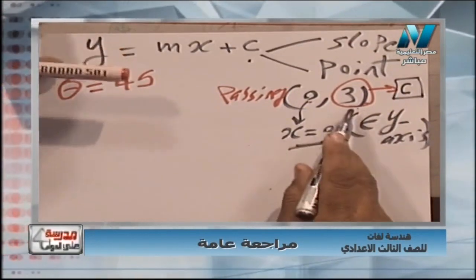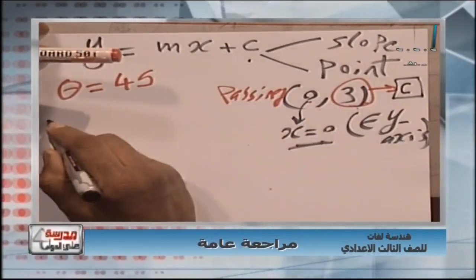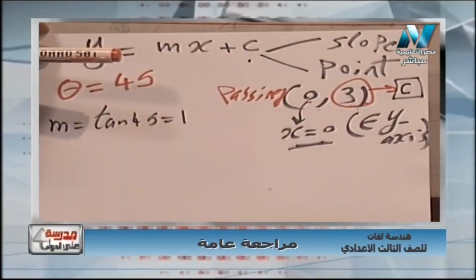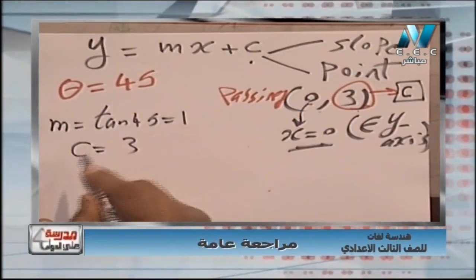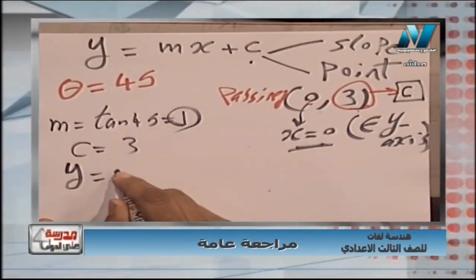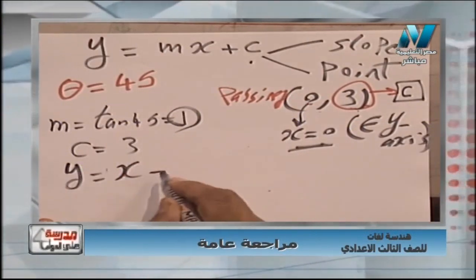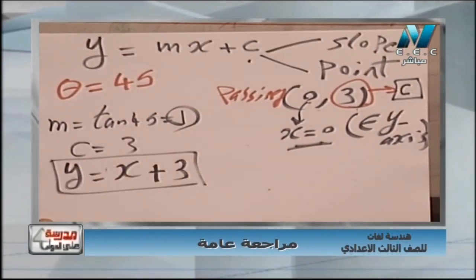We don't need to substitute this point in the equation. So m equal tan 45 equals 1 and the c equals 3. Then we can get the equation directly. y equal mx, m means 1x. We don't need to put 1, of course. Plus c, which means 3. Okay.